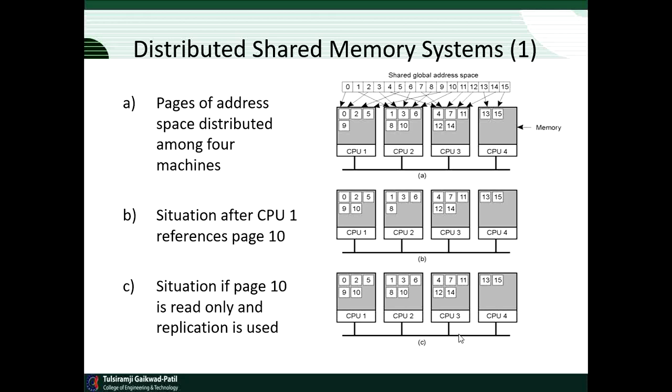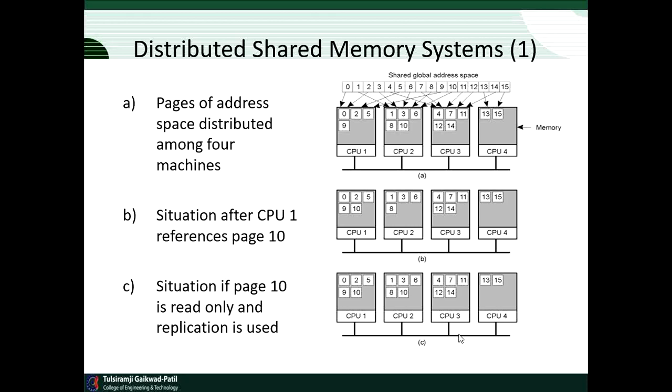So page number 10 was previously available with CPU 2, now it is available for CPU 1. So it is also possible that resources can be relocated from one location to another while we are talking about the distributed shared memory. So this is the advantage of the distributed shared memory concept of the distributed system.